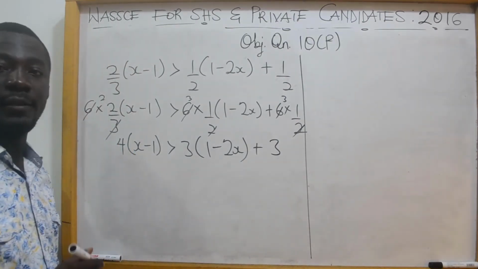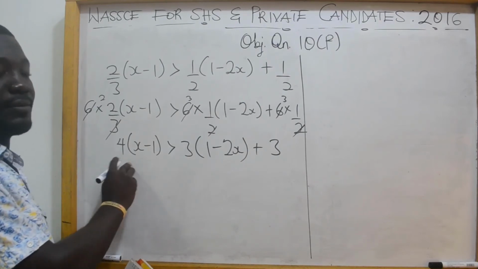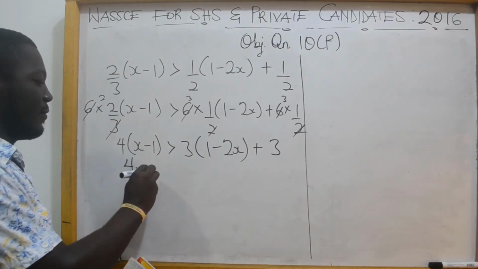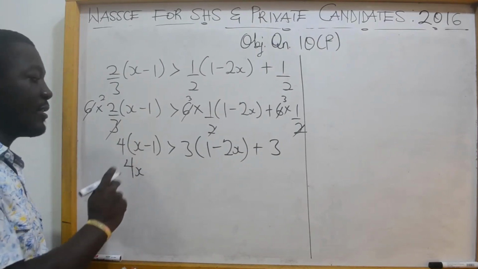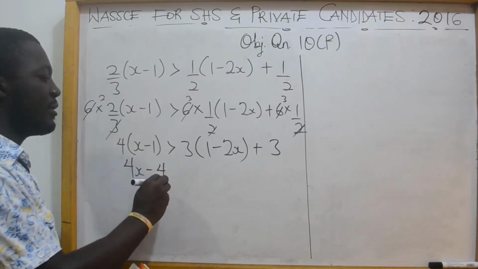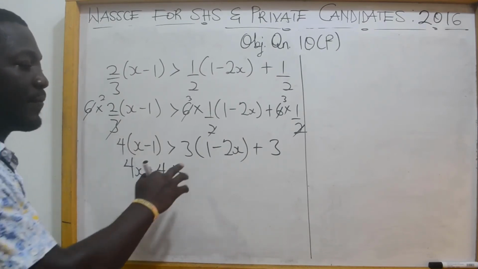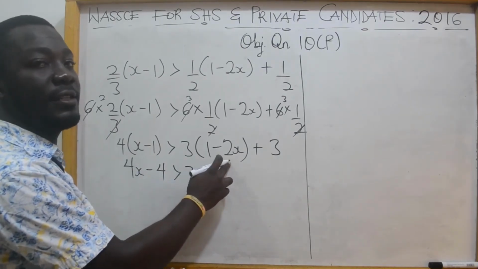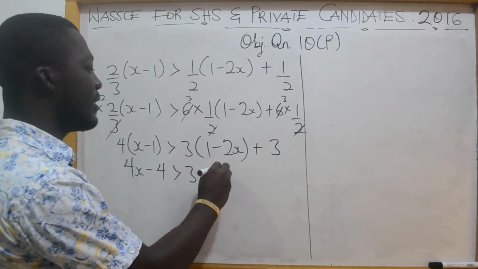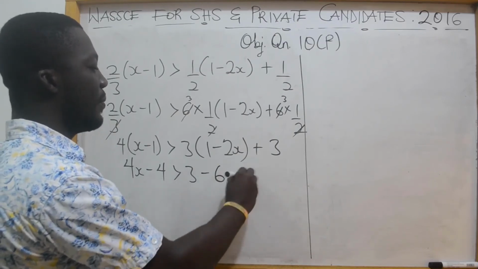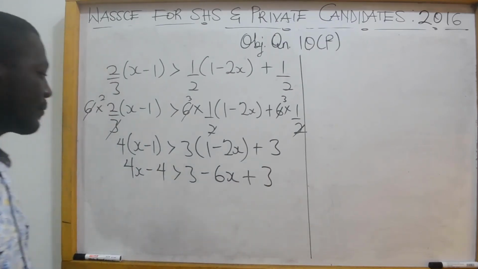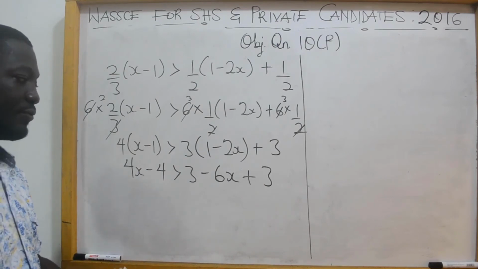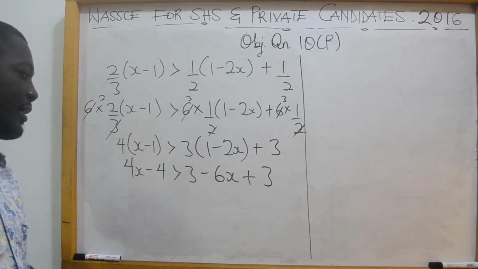Then we expand the bracket. 4 times x will give us 4x. 4 times negative 1 will give us negative 4 is greater than 3 times 1 is 3. 3 times negative 2x will give us negative 6x plus 3. The next thing is to collect like terms.